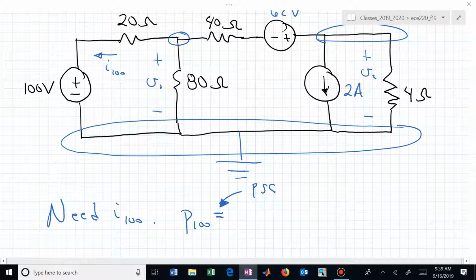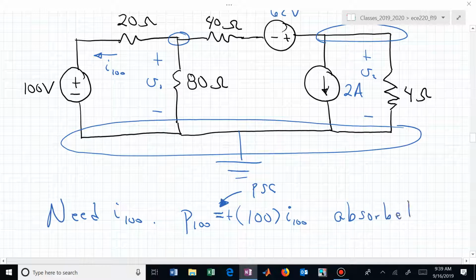Isn't it the voltage times the current? And which way is that current directed? Is it hitting the positive label before it goes through the element? This now needs to be a plus in front of that, which means that this power is now absorbed or consumed when we find it.